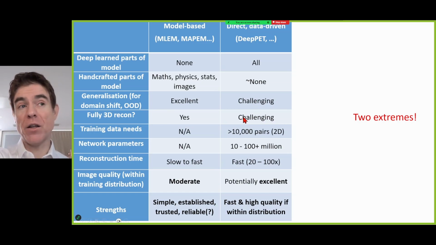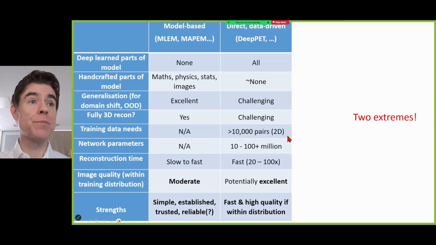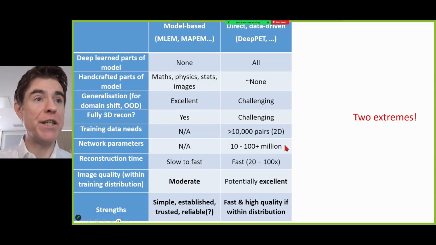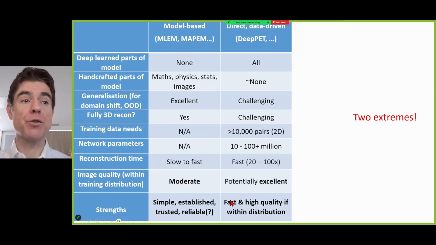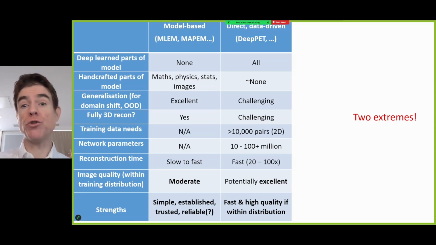We've seen that last example, the single slice rebinning, turned it into a 2D reconstruction. Very data hungry, more than 10,000 example pairs of data. Relatively large networks, although remembering they're still smaller than what it might be with a naive matrix mapping. But they can be lightning fast. And if you're within distribution, you can get excellent image quality, so fast and high quality if you're within the training set distribution at test time.